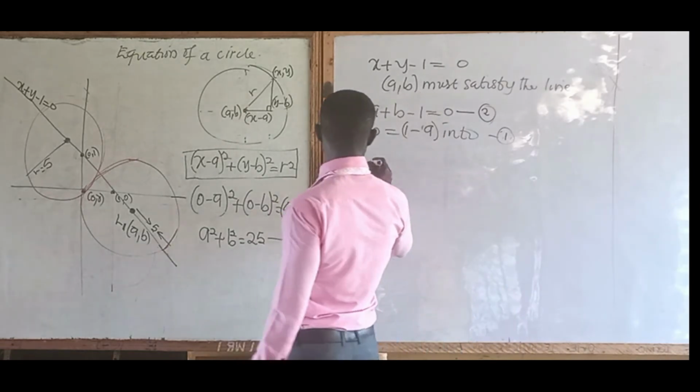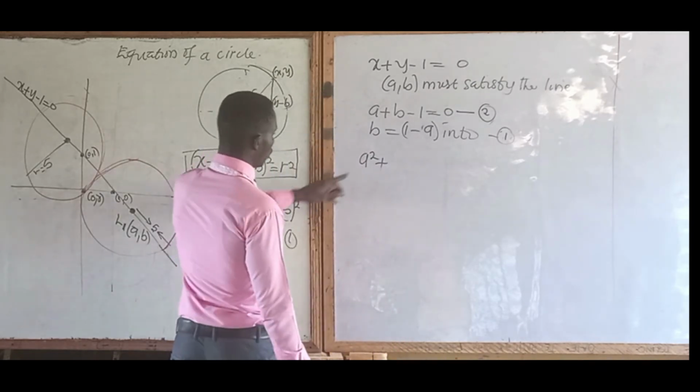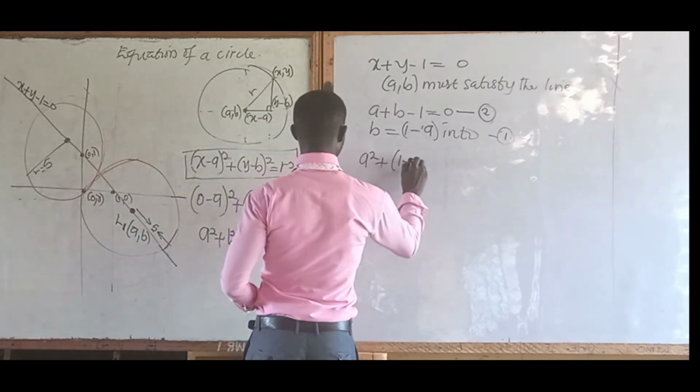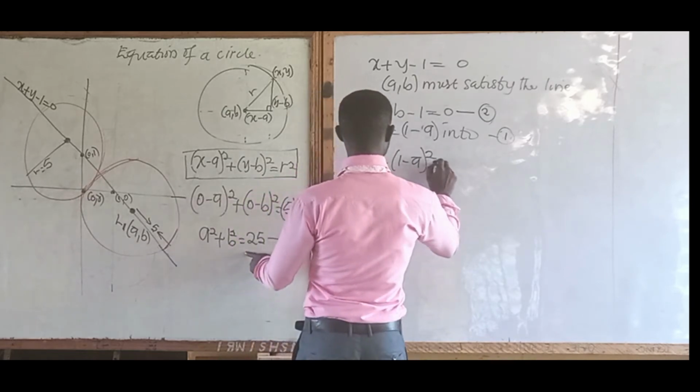And therefore it becomes a squared plus the b, which is 1 minus a, all squared, is equal to 25.